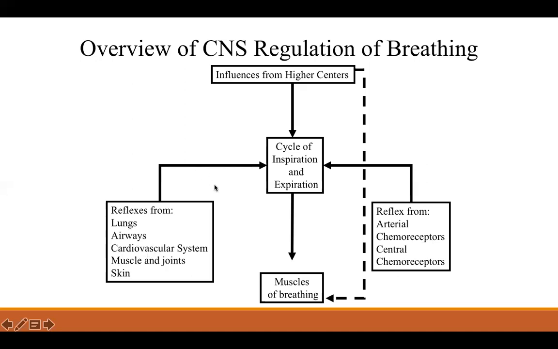These things all reach the central nervous system. In the central nervous system, a specific part of the brain that's directly involved in the regulation of breathing is the brainstem. As you know, the brainstem consists of the midbrain, the pons, and the medulla.